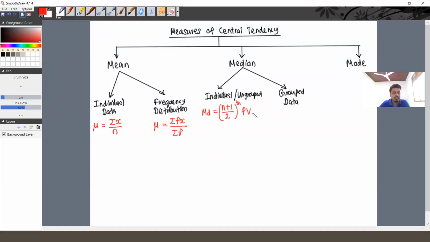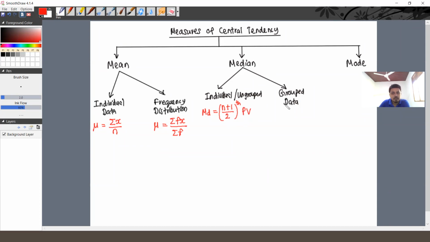PV, positional value. ඒ ස්ථානයේ තියෙන value එක. මතකයිනේ, අපි ascending order එකට හදලා ඉස්සෙල්ලම බලන්න ඕන මැද ඉන්නේ කීවෙනියද? ඒ මැද ඉන්නේ එක්කෙනා තමයි මෙතනින් එන්නේ. එයාගේ value එකයි අපි ගන්න ඕන. We need to take the positional value. N plus 1 over 2 positional value.